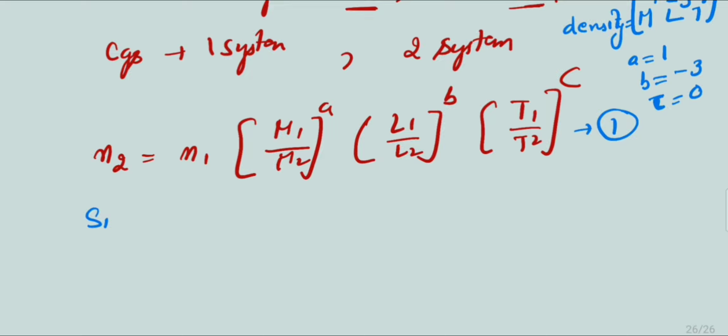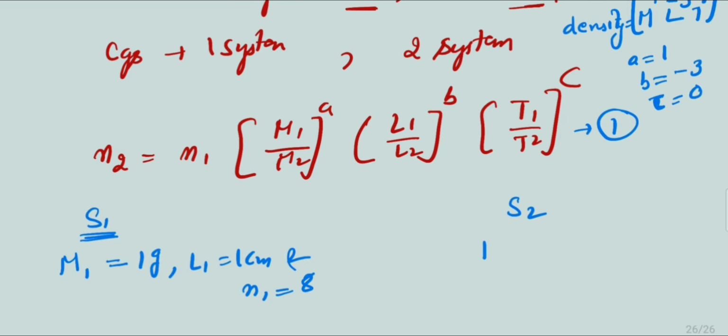In system 1, mass is given M1 is equal to 1 gram, L1 is equal to 1 centimeter, and N1 is equal to 8. In the second system, they have given M2 is equal to 20 grams and length L2 is equal to 5 centimeter. Now we'll put all these values in equation number 1.